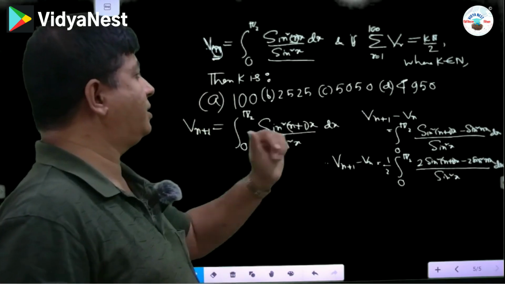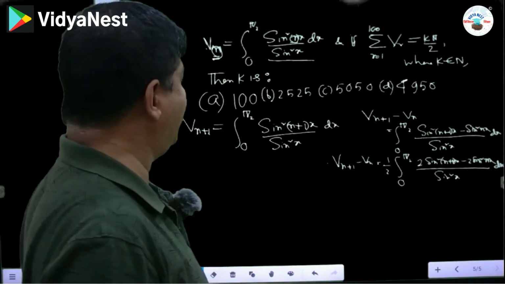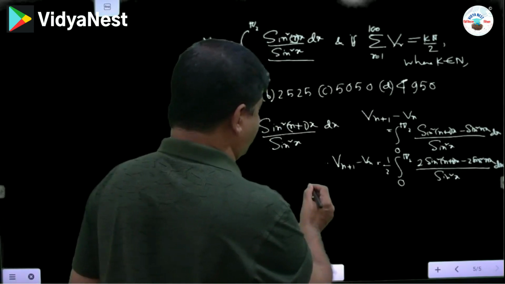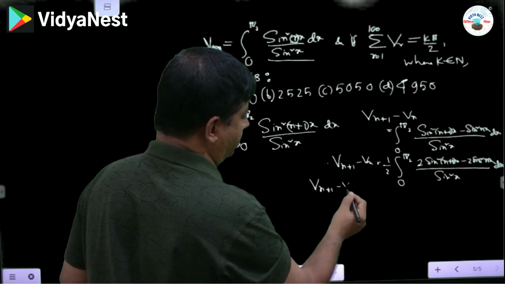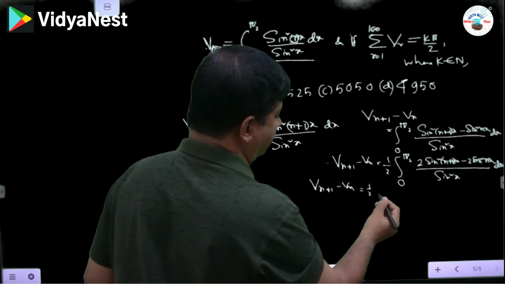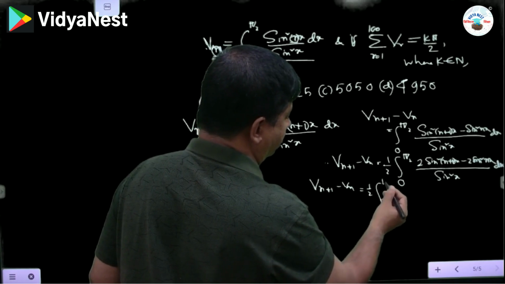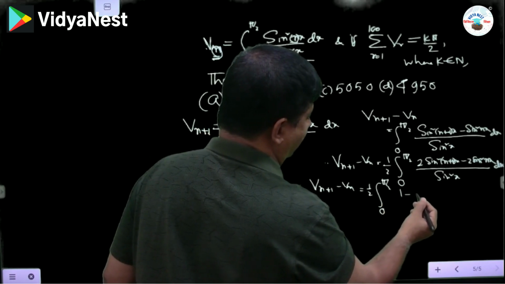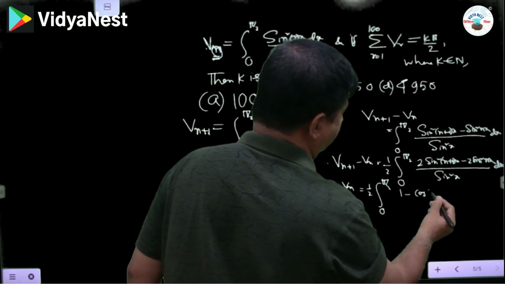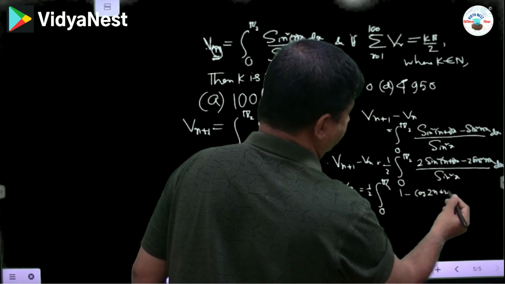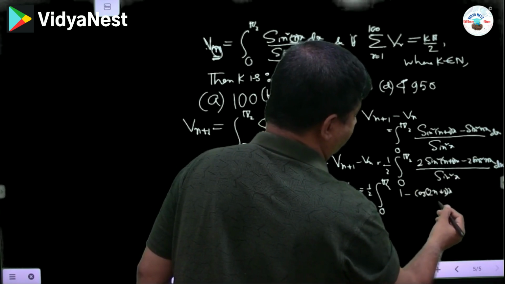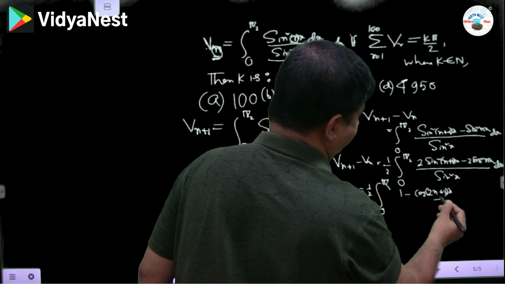Now 2 sin square theta is what? 1 minus cos 2 theta. One minus cos 2 theta. Must be careful in calculation.